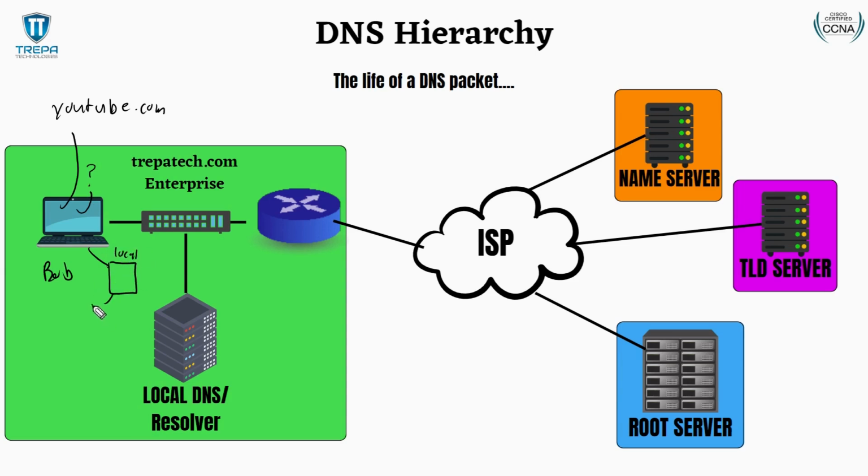And in Windows, I believe that's called the host file. So every computer is going to have a host file. And in that host file, it's literally just a text document that may already have some mappings locally stored so that you don't need to reach out beyond just yourself. That DNS request can stay local to your system.